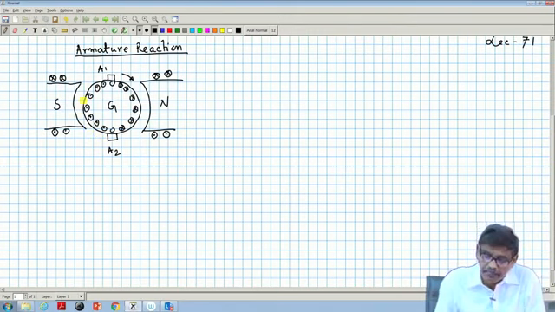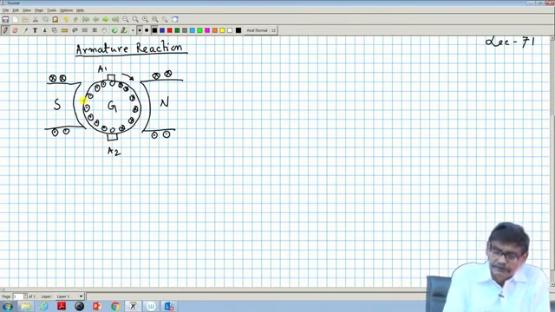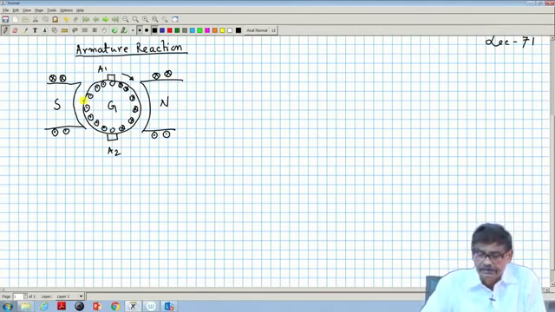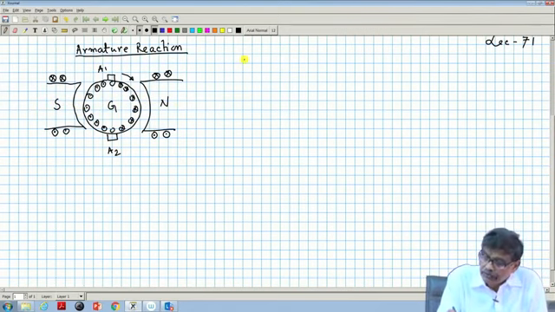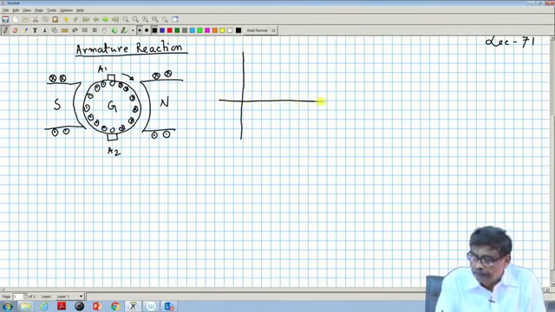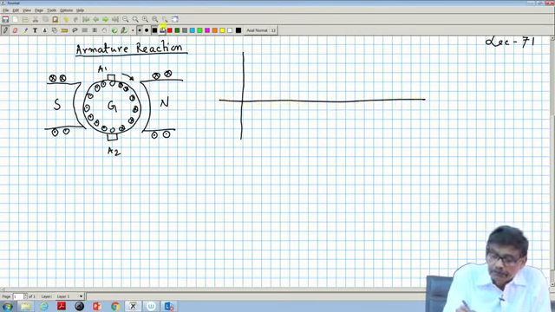Now, when there is no armature current, that is, the machine is not loaded, the field will be the same as the field produced by the stator, and this field will look like this along the air gap of the machine.